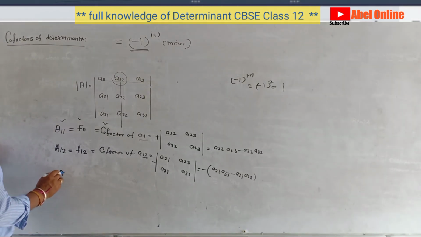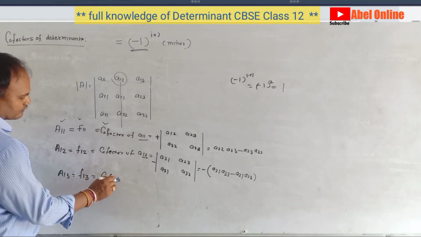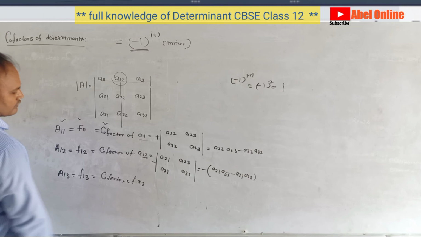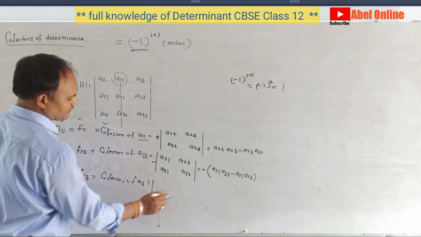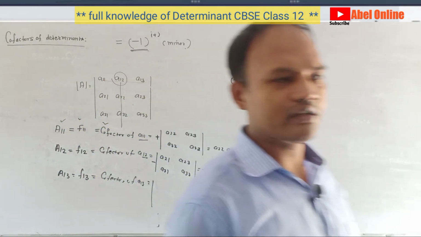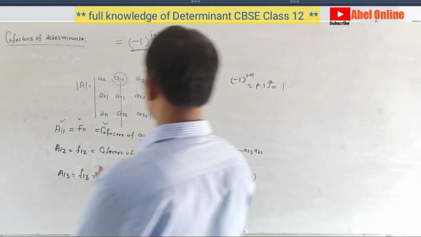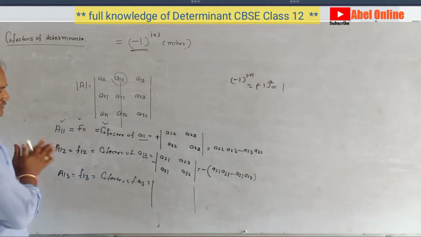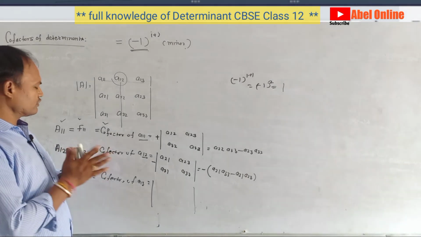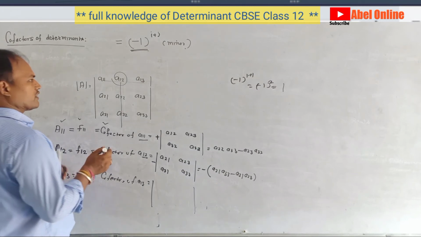Okay, what about the A13? F13, it is the cofactor of A13. Try to solve it yourself. I am waiting for 1 minute or 30 seconds so that you can find the values properly. Okay, have you got the cofactor of A13? Just check.